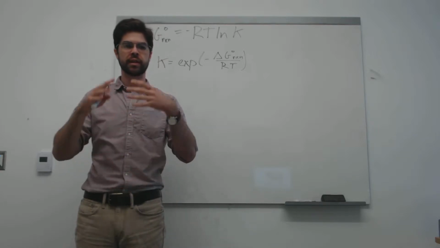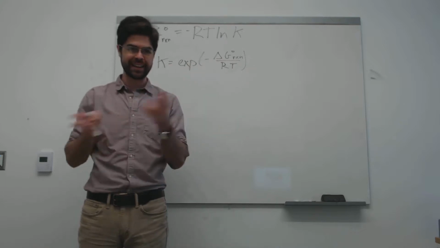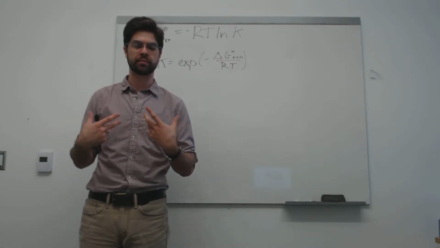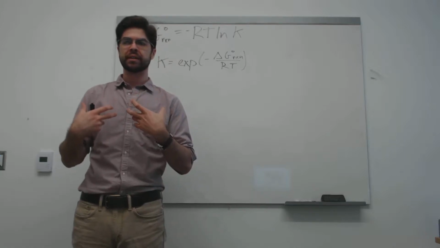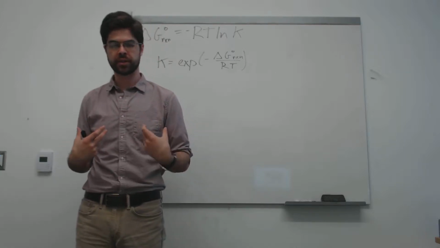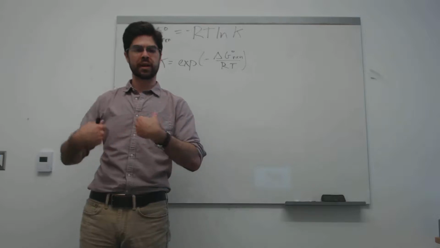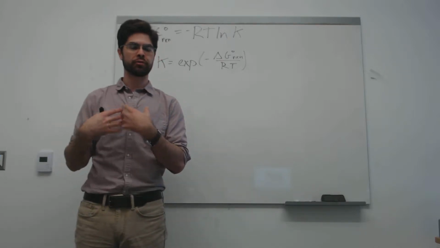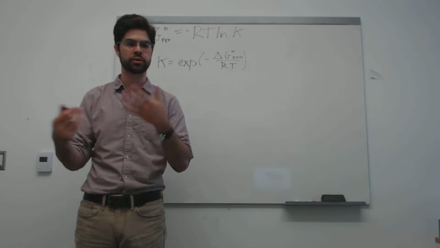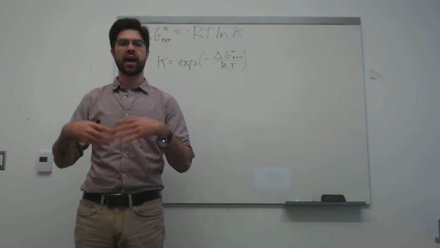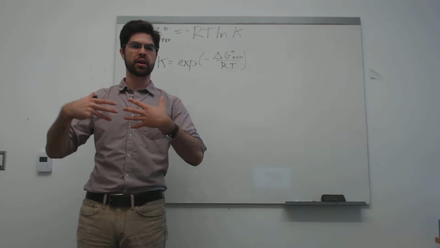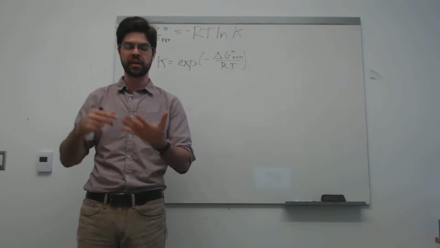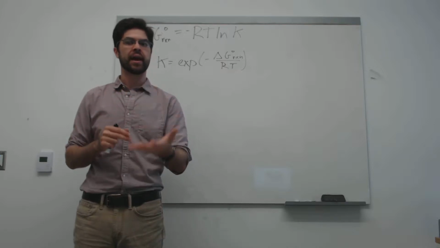An equation is a way of relating two properties or two variables or two quantities that you might be interested in. We have spent a lot of time talking about equilibrium constants that determine the preferred concentrations and pressures of reactants and products. And we've also talked about free energy, that a substance has a certain amount of energy and it also has entropy.